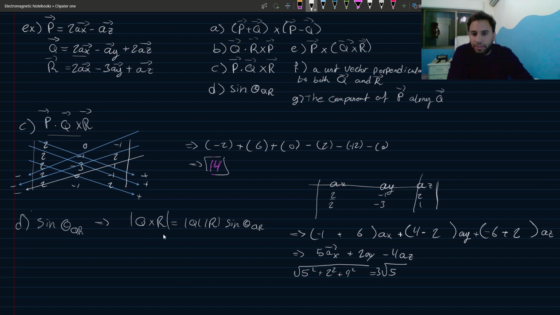And now we find the magnitude of Q. Magnitude of Q is the square root of 2 squared plus 1 squared plus 2 squared, which gives us the square root of 9, that gives us 3.